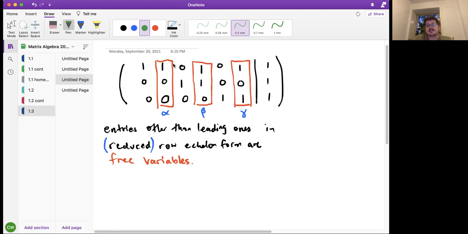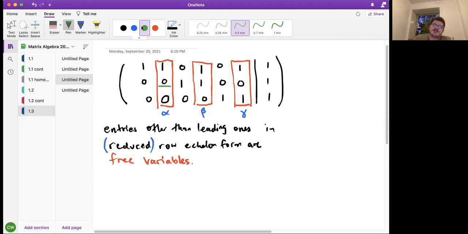So for example, the second variable doesn't have a leading one in a row, right? It would have been here if it had a leading one. Same thing with the fourth variable. It has entries that are not leading. And the sixth variable has entries that are not leading. So this is a good way. That's why reduced row echelon form is so nice, you can identify where free variables are just based on if they have entries.